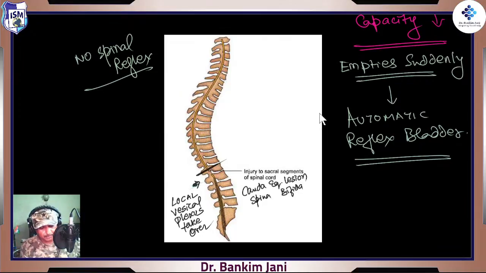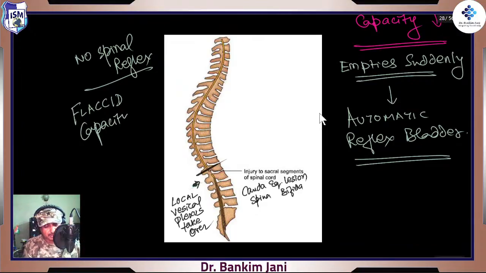So the bladder will be flaccid, absolutely soft, just like a big full bag. Its capacity is increased, so urine would keep on getting collected. The bladder would be full.